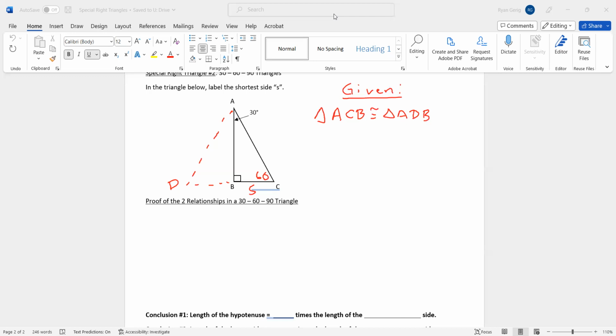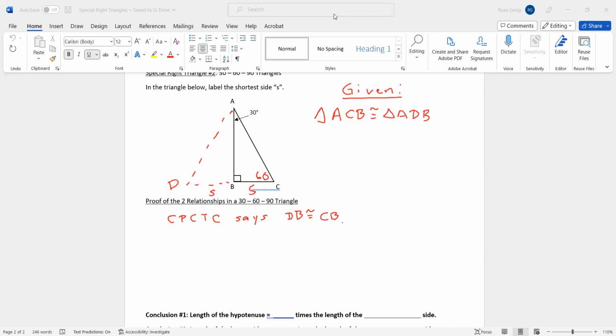I'm now going to prove, not completely prove, but I'm going to prove the two relationships in a 30, 60, 90 triangle. All right. Because the triangles are congruent, I can use CPCTC, right? And what that says that's going to help me here is that DB is congruent to CB, right? So I could call this S over here.